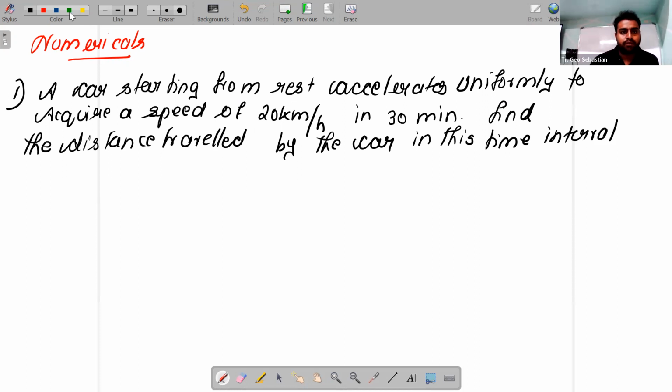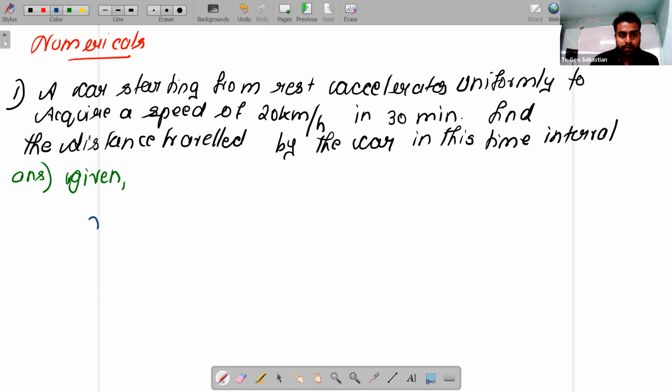So which formula should you use? First of all, you should write what the given values are.